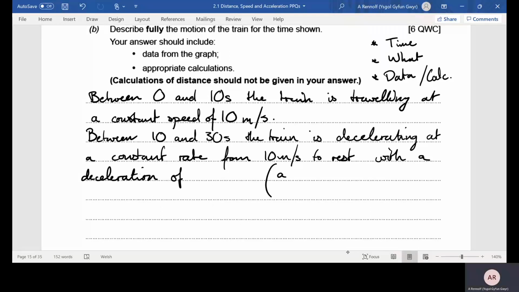The value of A, acceleration, is change in velocity over time. Remember, for that equation, acceleration and deceleration are interchangeable. The change in velocity was 10, going from 10 to rest, so the change is 10. And the time period is 20 seconds, which gives us a value of 0.5 meters per second squared. So I'll go back and fill in the gap that I left with a deceleration of 0.5 meters per second squared.